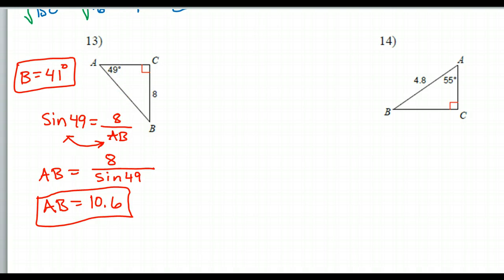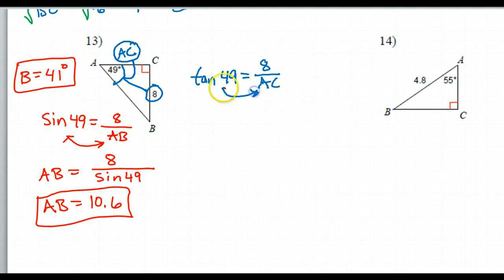That just leaves AC, which is here. So looking at the 49 and the AC and the 8, that is opposite and adjacent. So that is the tangent function. So we will go tangent 49 is equal to opposite over adjacent.